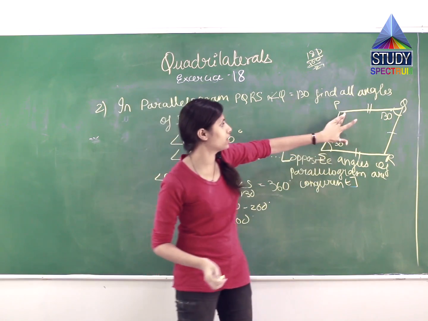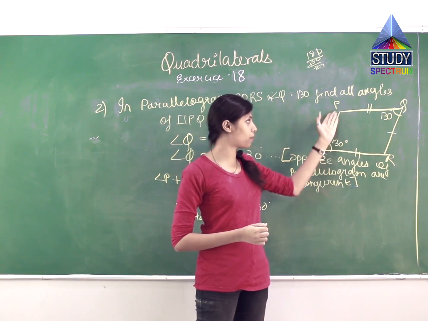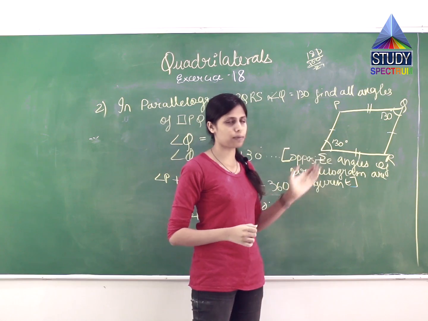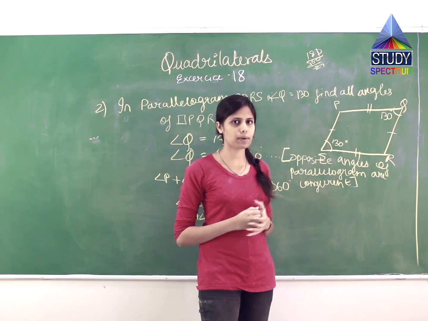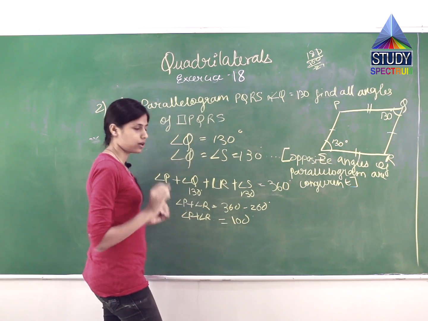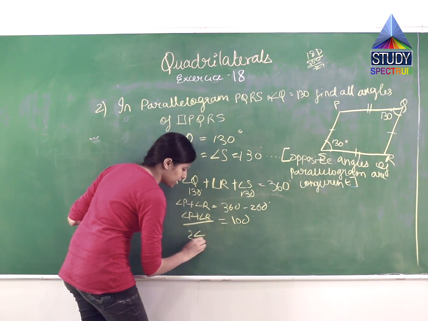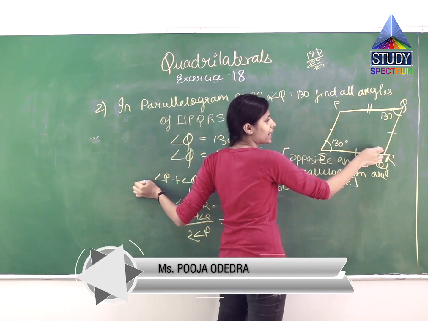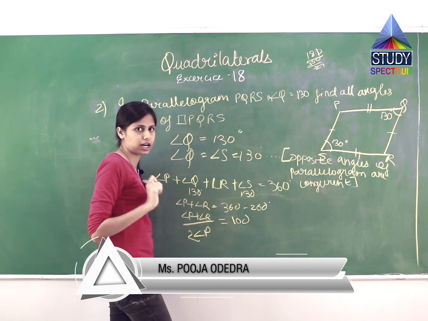Now angle P is over here, angle R is over here. Both these angles are also congruent because they are also opposite. Just as angle Q is equal to angle S because they are opposite angles, angle P and angle R are also opposite, so they should also be congruent. So let us say both are congruent. Let us write 2 angle P. Instead of writing R, I have written P because दोनों भी same है. तो मैं R लिखूँ या P, कोई फर्क नहीं पड़ता है.